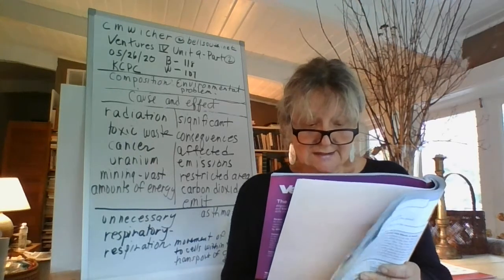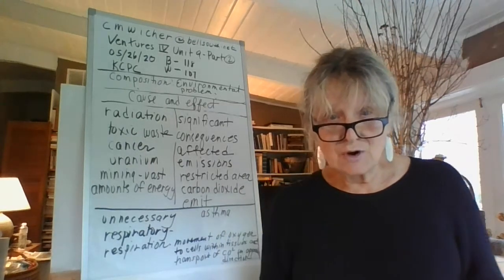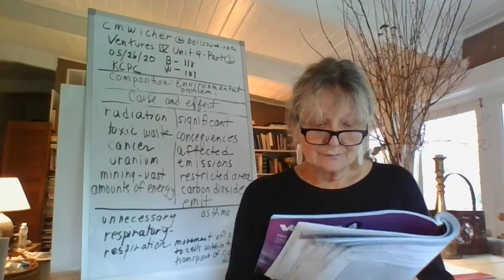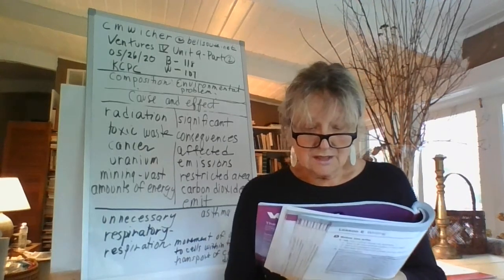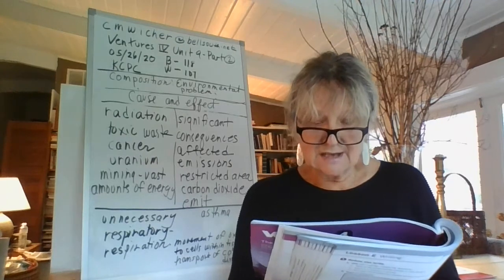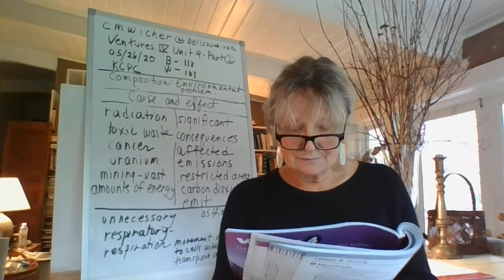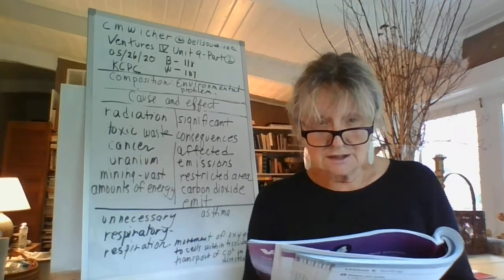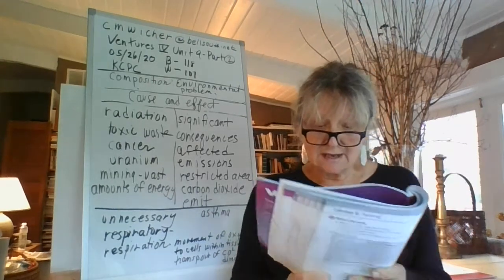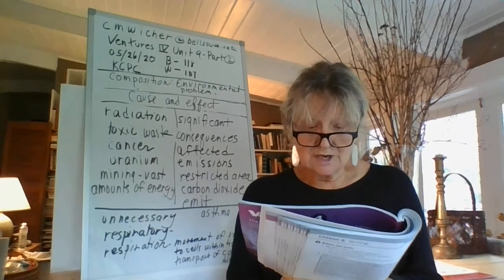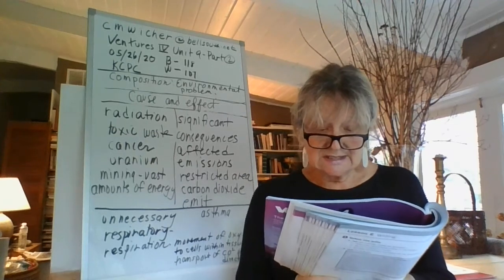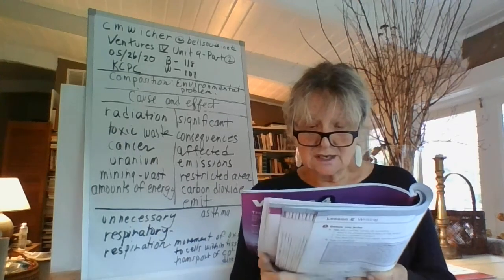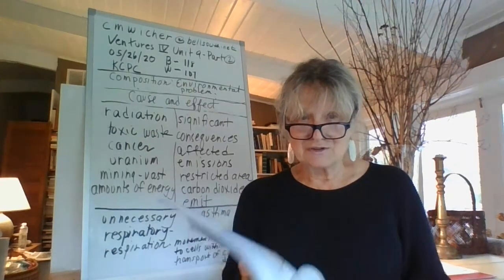So it says after you write, but I want to go over this before you write. Number 1, the topic sentence identifies an environmental problem. 2, I clearly explained the causes and effects. 3, I provided supporting details for the causes of the environmental problem.